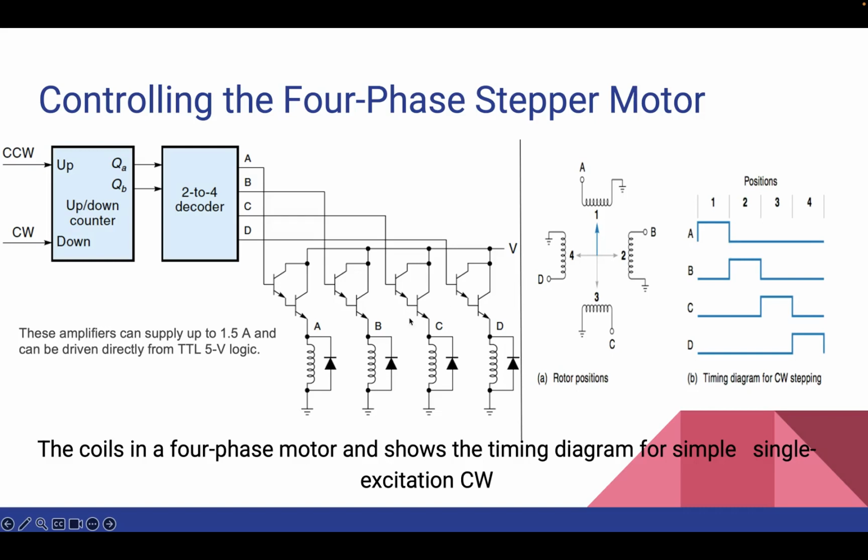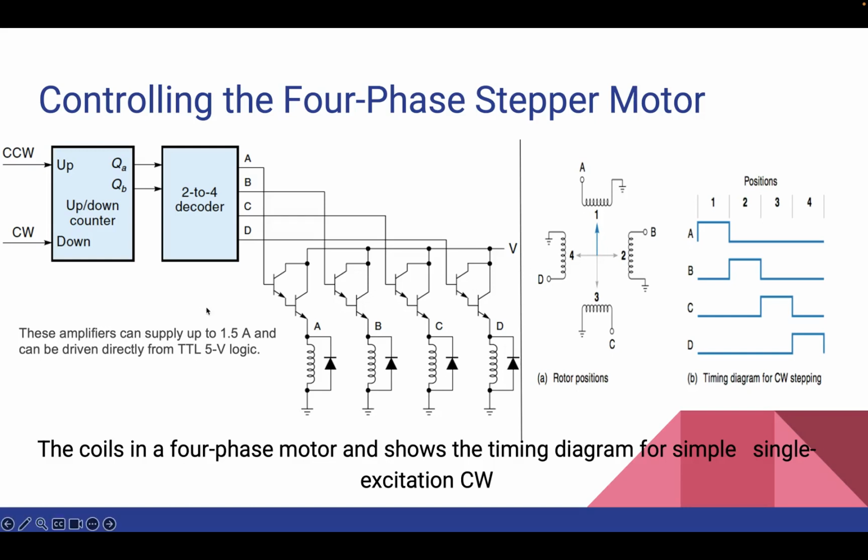What makes these amplifiers particularly noteworthy is their capability to supply up to 1.5 ampere of current, which makes them suitable for a wide range of stepper motor applications. And they can also be seamlessly driven directly from the TTL 5 volt logic circuit.